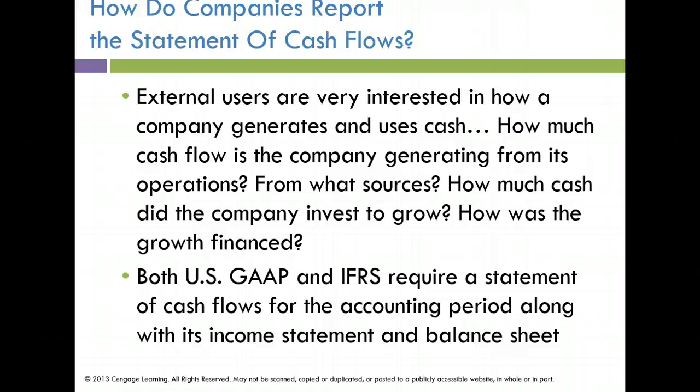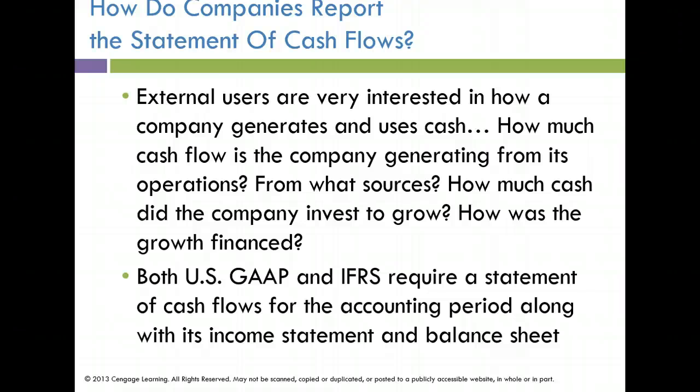Now, think about it. Users want to see that the majority of income is coming from operating, because that's why the business is in existence anyway. So they want to see how money is being used, how it comes in and goes out in a business.